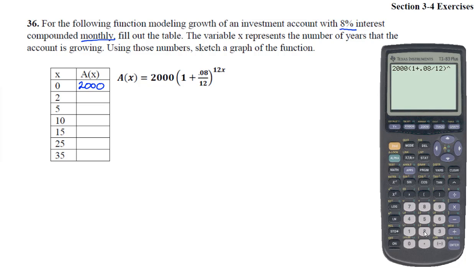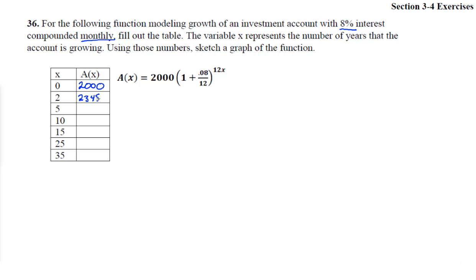So that is a 24 that we're going to put in there. Let's go ahead and put the parentheses and 12 times 2. You can see that. And we get 2345.76. 2345.76. That's how much money you would have in the account after 2 years.